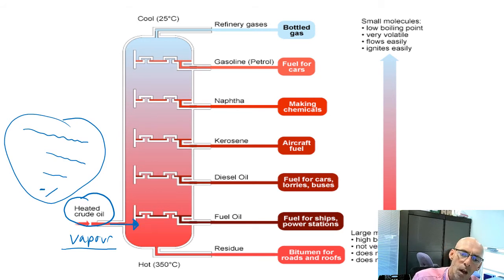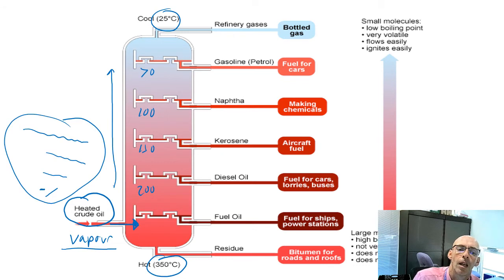Right. At the bottom here it says hot, 350 degrees. Up here it's going to be 200 degrees. Up here it's going to be 150 degrees, 100 degrees. Up here it's going to be 70 degrees, and up here 25 degrees. So it gets colder the further up the column.